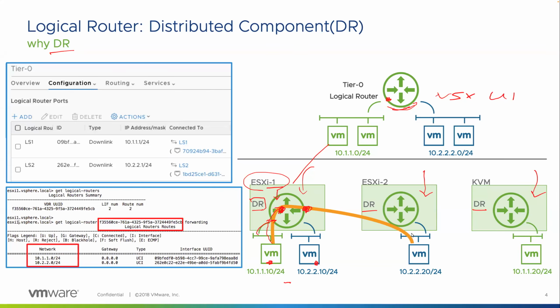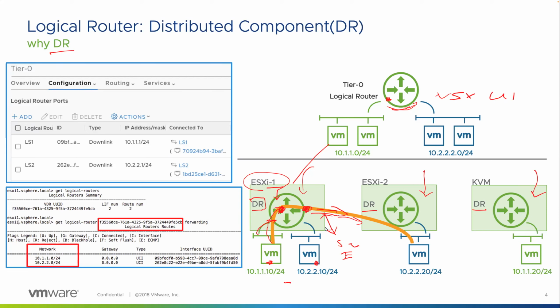Here the next hop is a locally directly connected segment. So the routing function is finished, and then we have to deal with switching, or encapsulation, to send the traffic onto the blue segment.